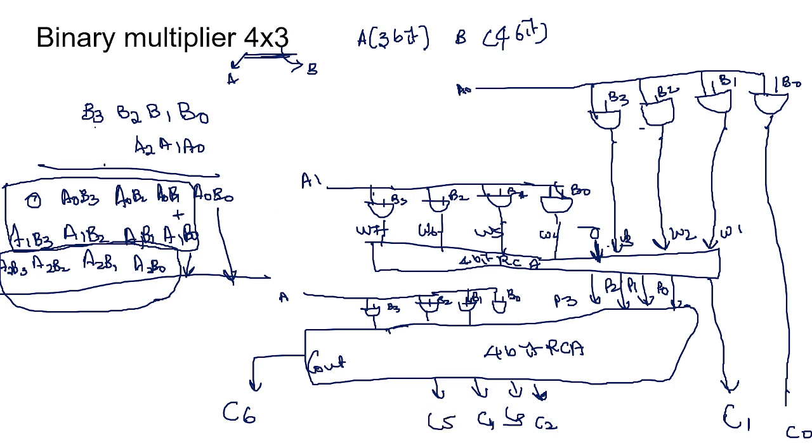So if I am performing multiplication of 4 bit into 3 bit, the final output will be how many bits? Is this fine? The final output will be 7 bit. Is this 4 cross 3 multiplier clear?